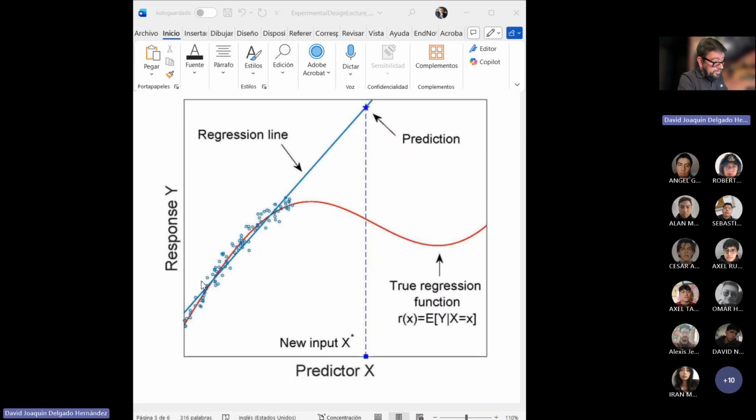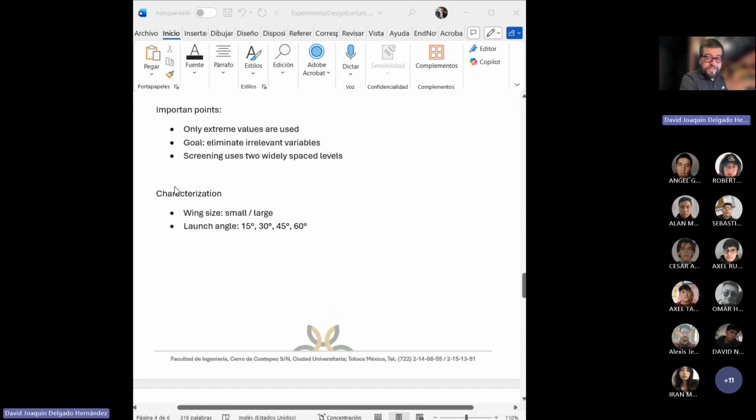So it is better to have more points because I can actually discover the real shape of the function. That's why it is important here in the characterization to increase the number of angles, for instance. I can have 15, 30, 45, 60 degrees, okay?